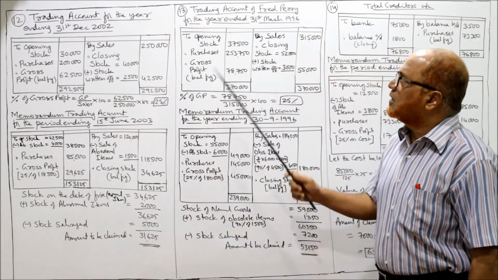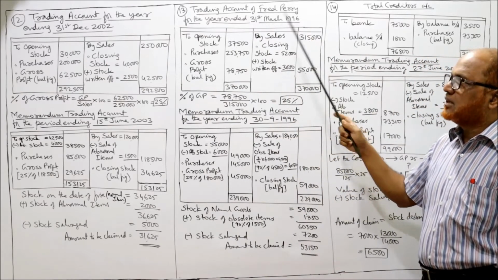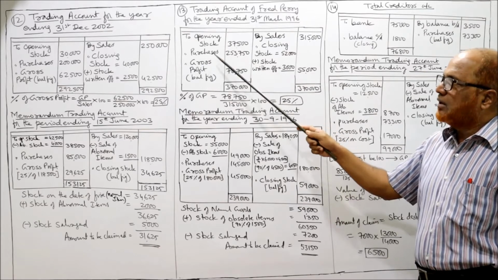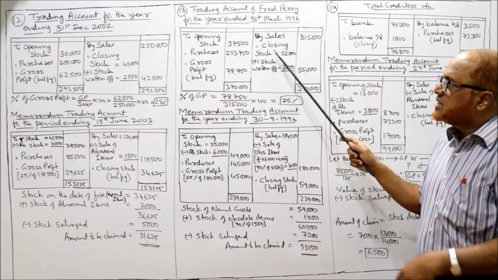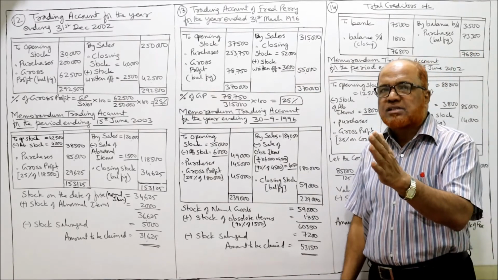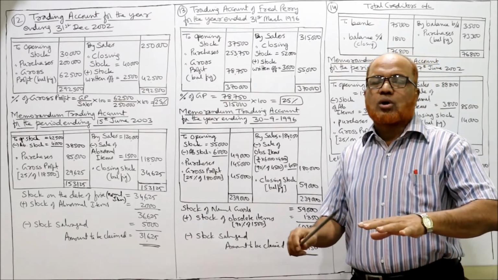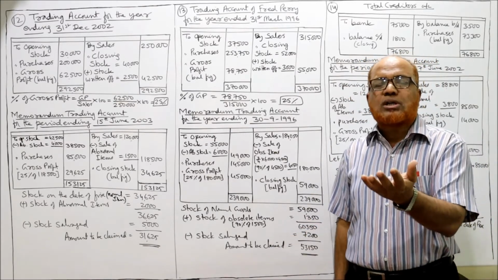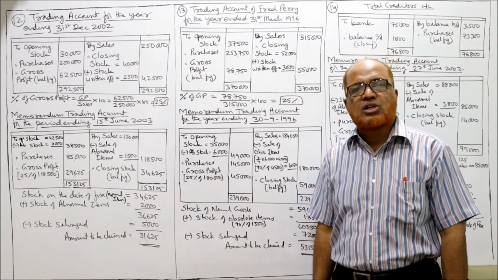Right? Now, see here. Trading account of Fred Perry for the year ended 31st March 96, last year. So last year opening stock, purchases, sales and closing stock are given, 52,000, and 50% of 6,000 was written off. The obsolete stock has a total cost of 6,000, half of it, 50%, was written off.